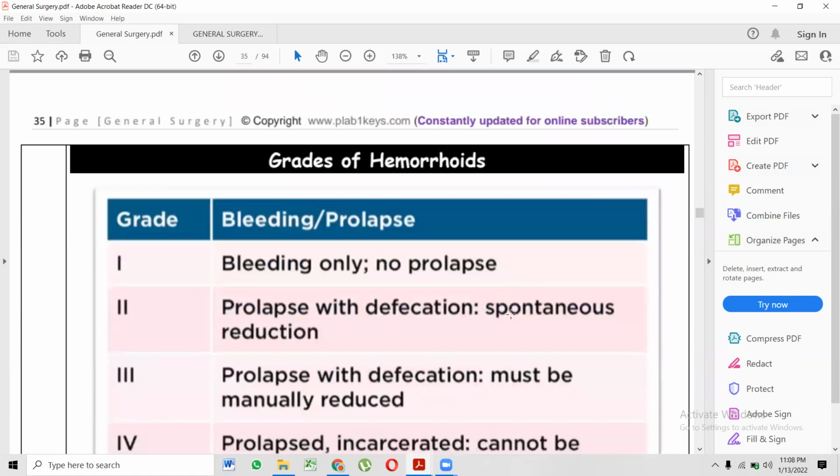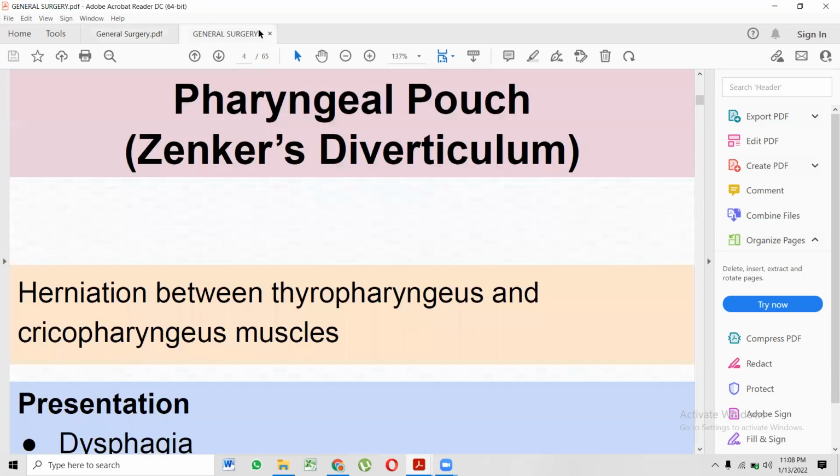Now, our next topic is hemorrhoids. What are hemorrhoids?